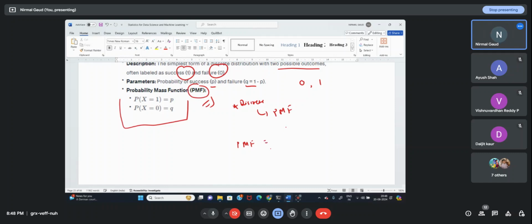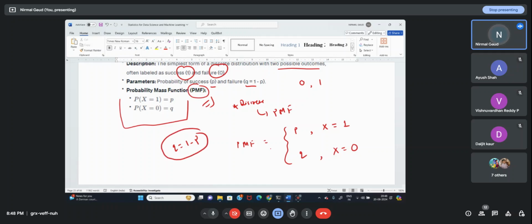This function PMF is giving two values, P and Q. When the outcome defined by the random variable is 1, then we say the probability is P. When x equals 0, the random variable is 0, then the probability is Q, and Q is equal to 1 minus P. This is the relationship.